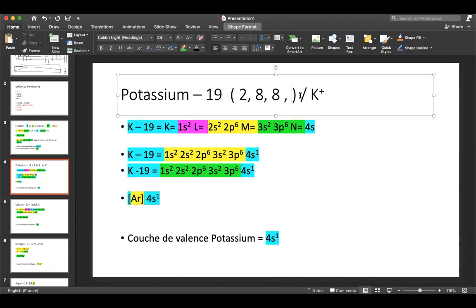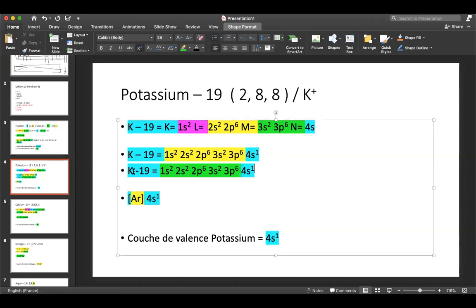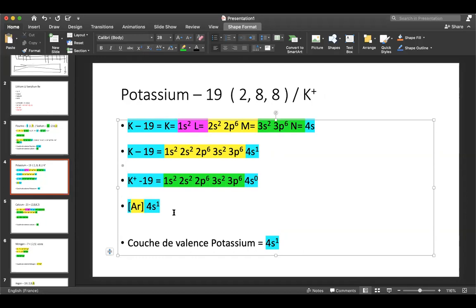It becomes a noble gas configuration. So if I give potassium as an ion here, I'll just remove this and put 0 here. This is for the potassium ion. The same applies to the noble gas configuration. It would be 0 like that.